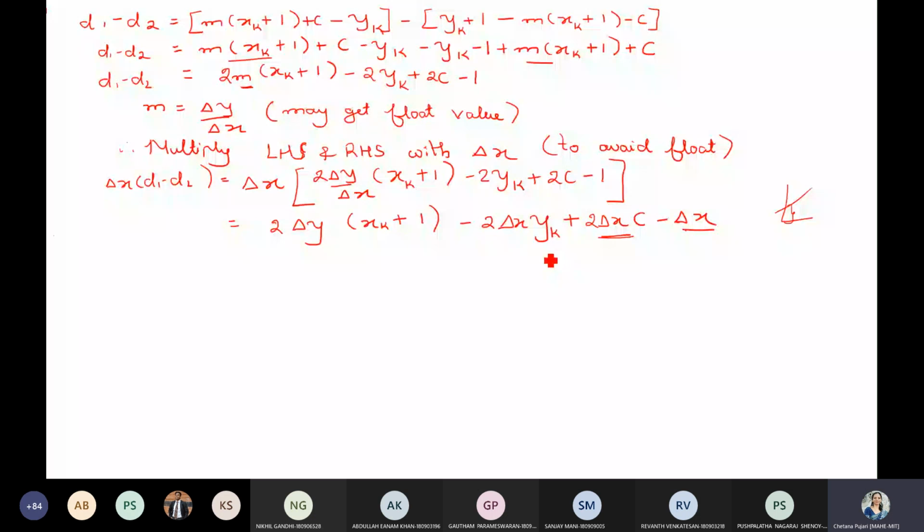I think we missed one term now here. Okay, I'll just rewrite it, 2 delta y xk plus 2 into delta y. Even this is constant because delta y is constant. So these three terms are constant.